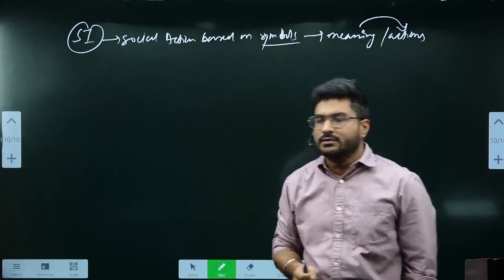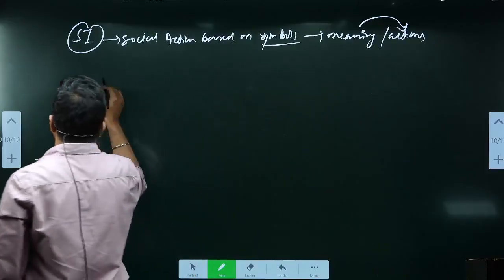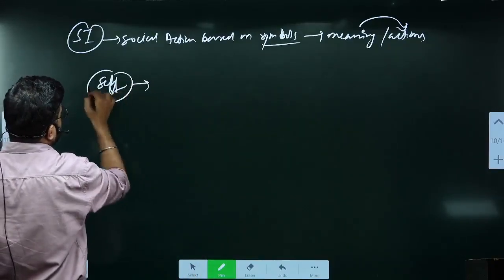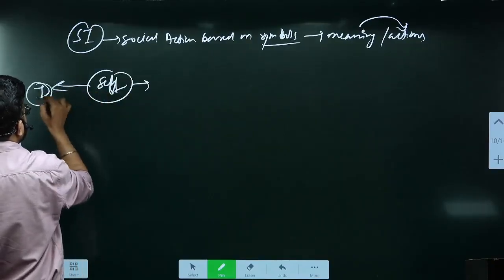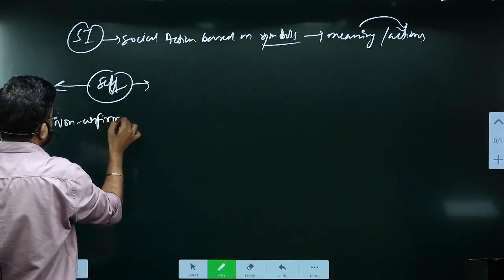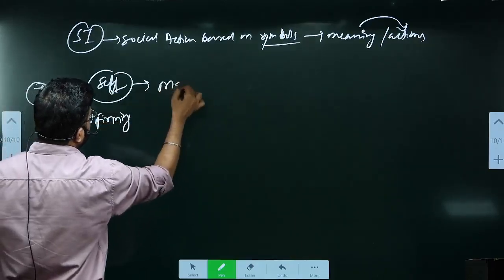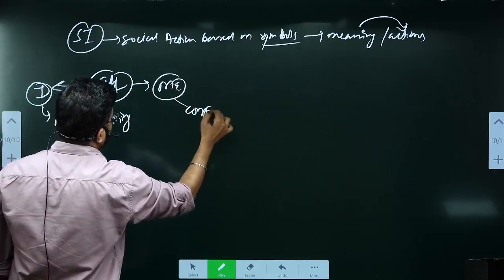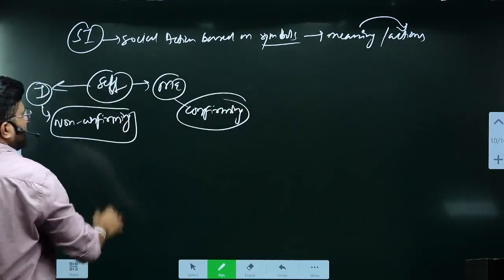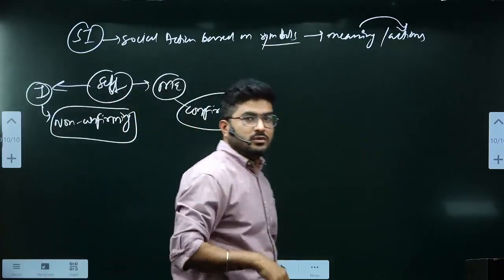Okay. So when he gives his theory of self, I, me and self, this I is non-conforming to the social norms and this me is conforming to the social norms. Me is what the other people perceive of you.